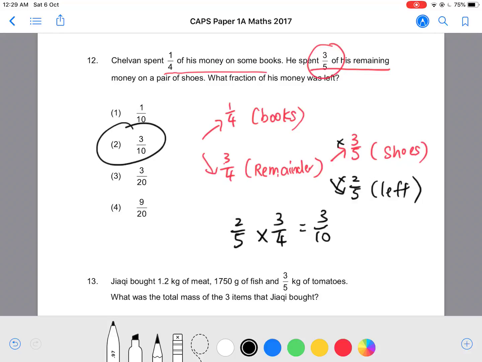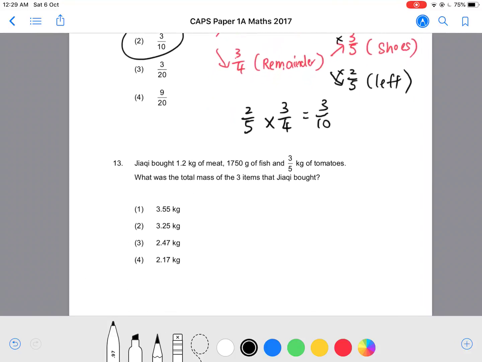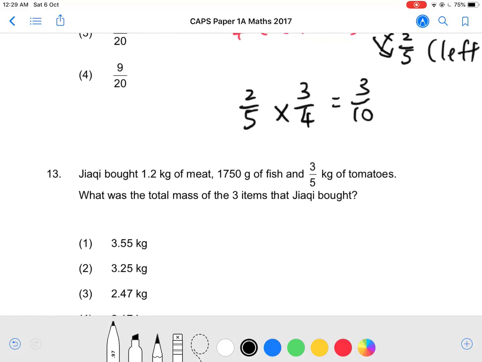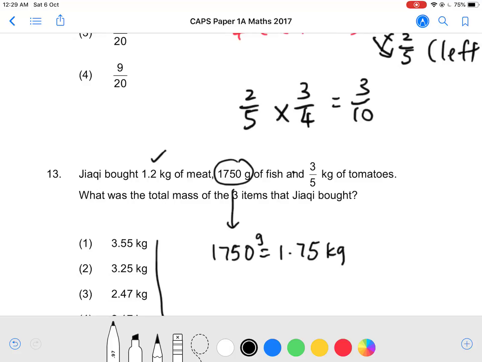Okay, so question number 13, a lot of conversion going on. Since all these answers are in decimals, I'm going to keep this as decimal. This one I will need to change to a decimal, which is the same as 1.75 kg. Now this one also needs to change, right?